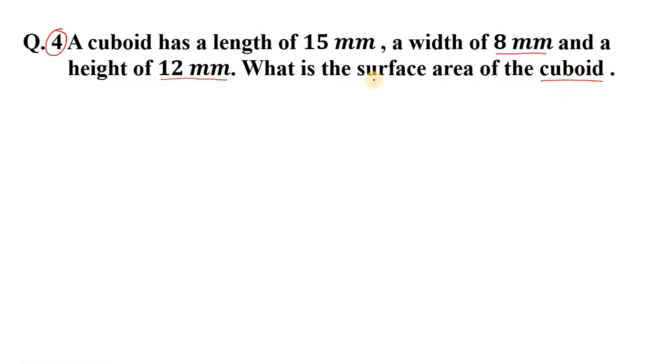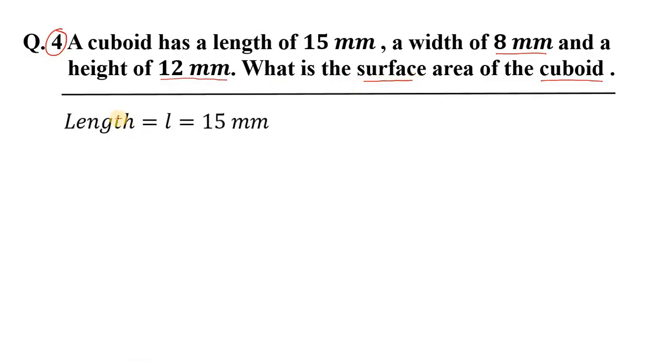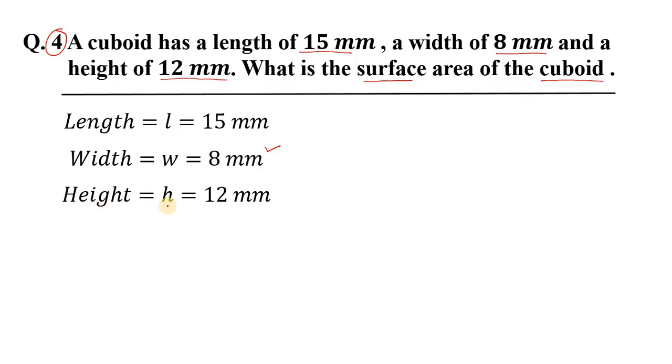Now we have to find the surface area of the cuboid. The given length is 15, width is W and W is equal to 8 millimeter, height is H and H is equal to 12 millimeter.